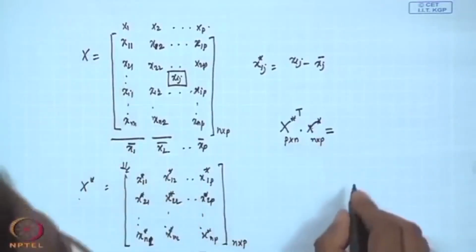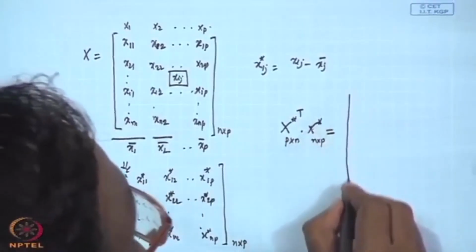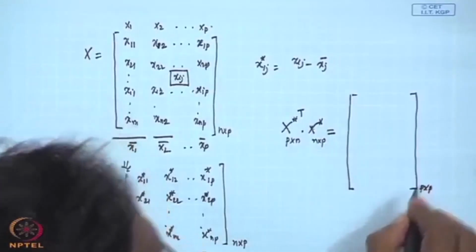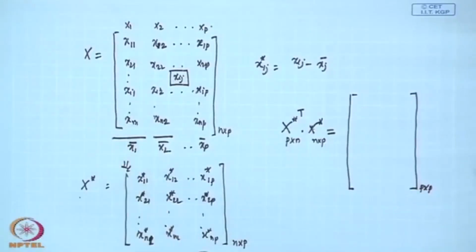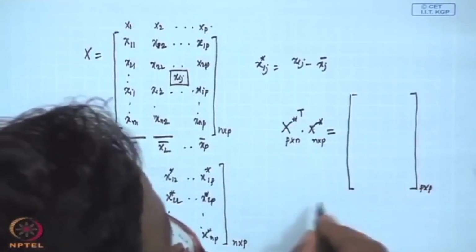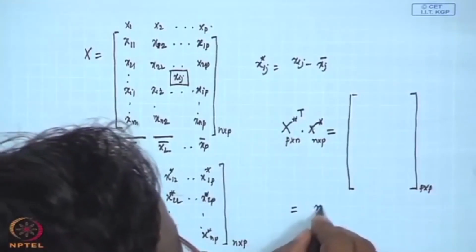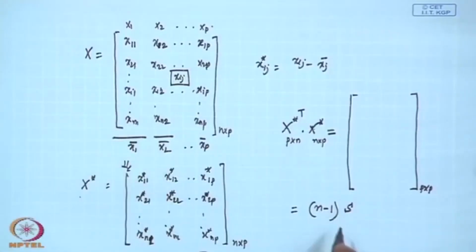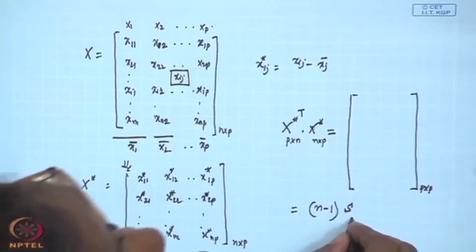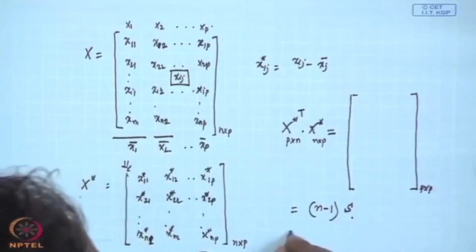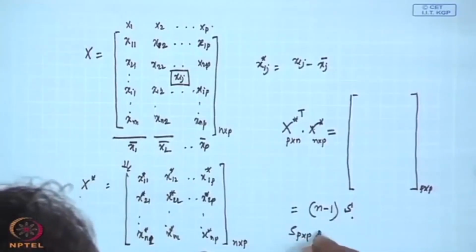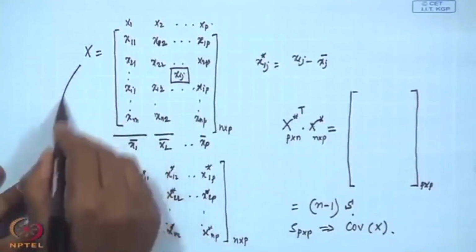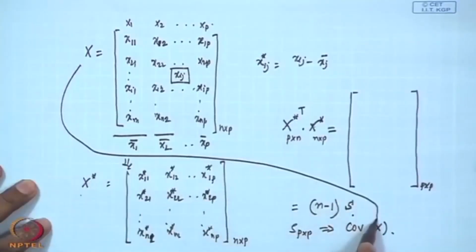The resultant matrix will be a p by p matrix, which is nothing but n minus 1 into S, where S is the p cross p covariance matrix of x.